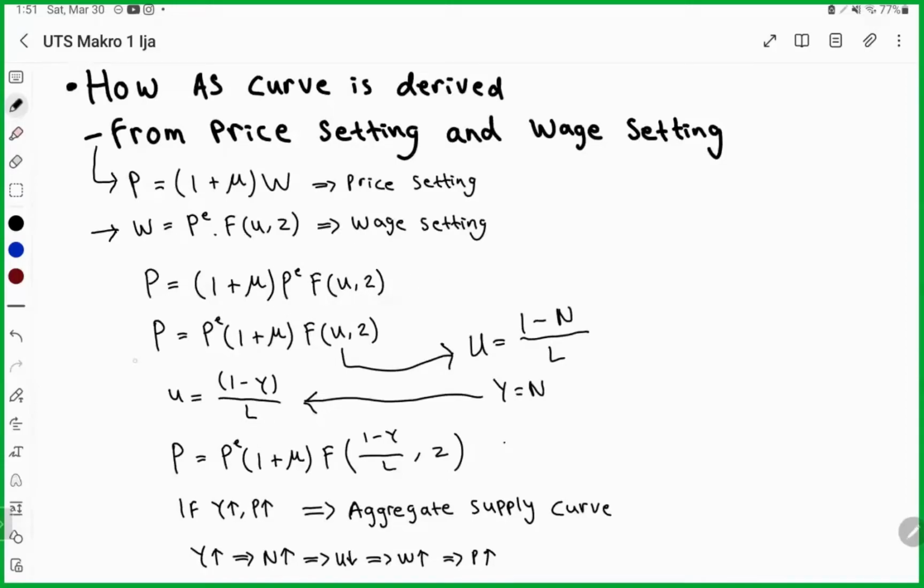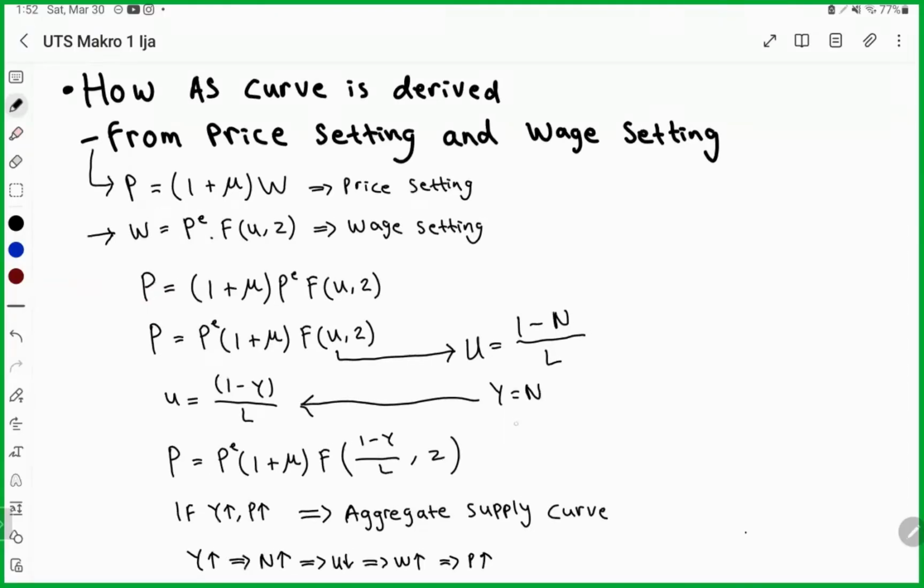And after this, U in here is the unemployment rate, all right? So from here, we can define the unemployment rate as 1 minus N, which is employment, divided by L, which is the labor force. And we also assume that Y is equal to N. We assume this because we assume that every output that is produced needs labor.